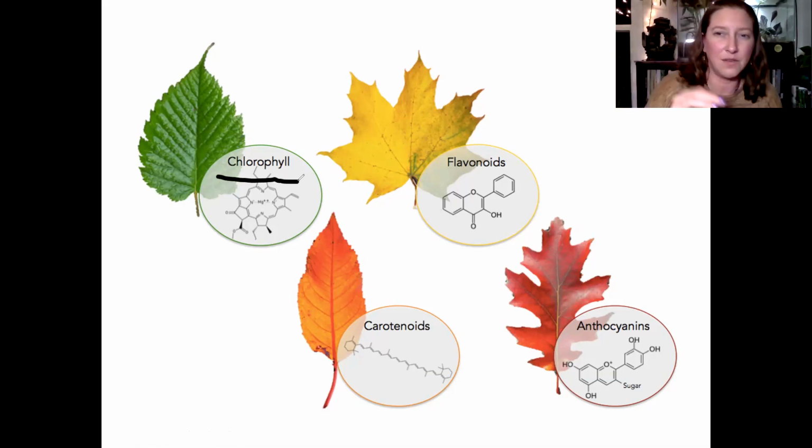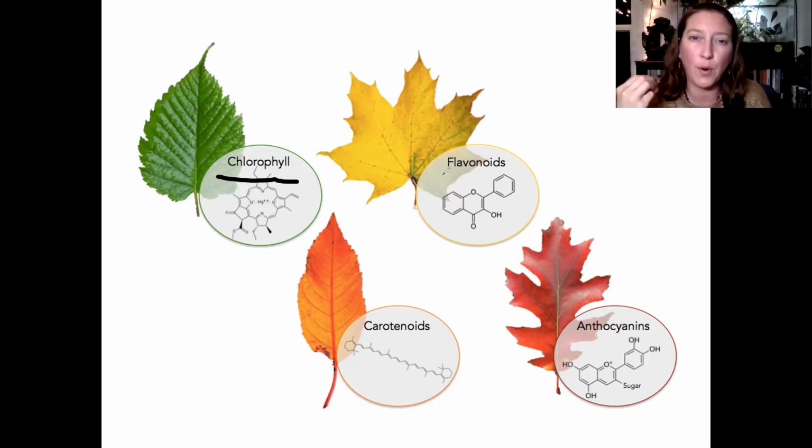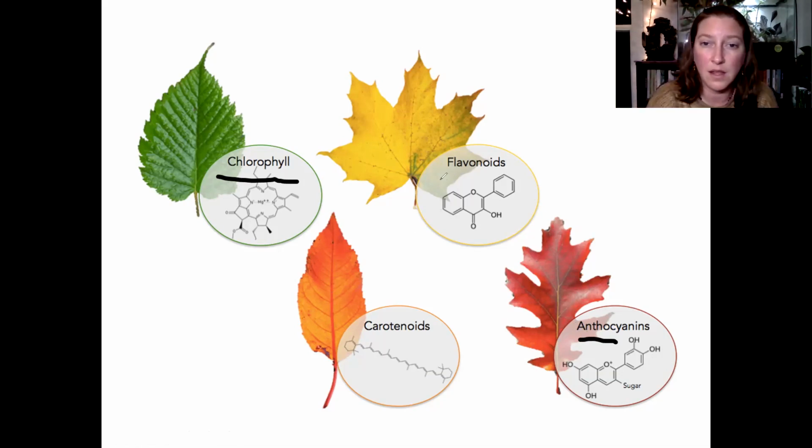And so once that degrades and goes away, these other pigments become more pronounced. So like if chlorophyll decomposes in this leaf, then the anthocyanins are very noticeable and the leaf will look red, right? Here, the flavonoids are apparent, and there is your carotenoids again, right? Your beta carotene type stuff.